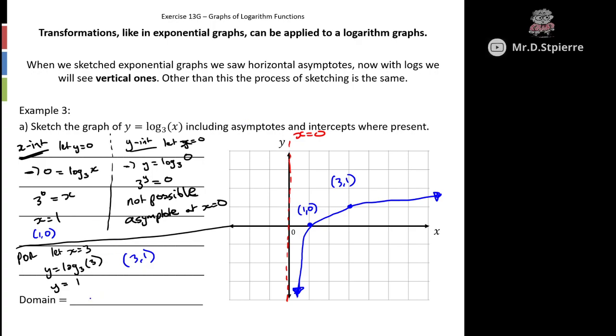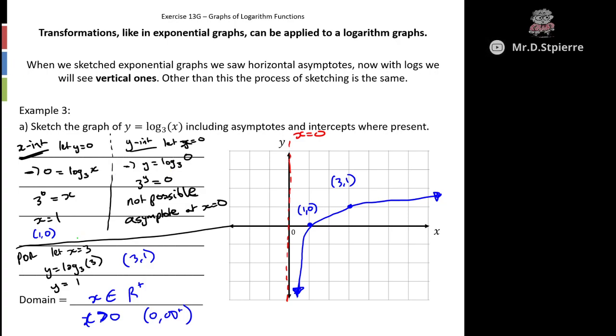The domain: x is an element of the positive reals. Or we could say x is greater than 0. Or we could say 0 up to positive infinity. Any of those ways describe the domain. X needs to be greater than 0.